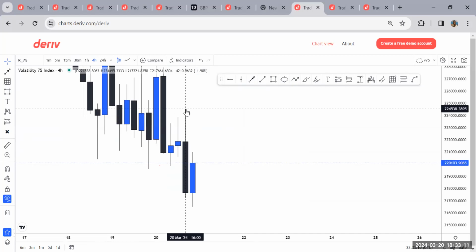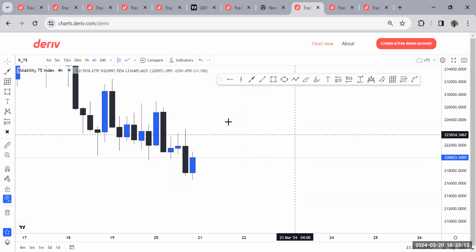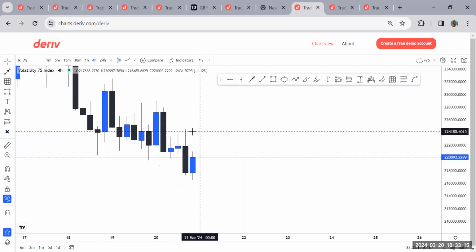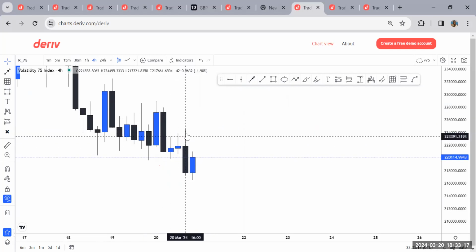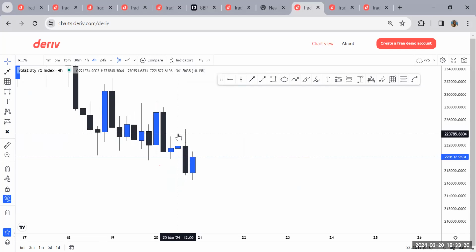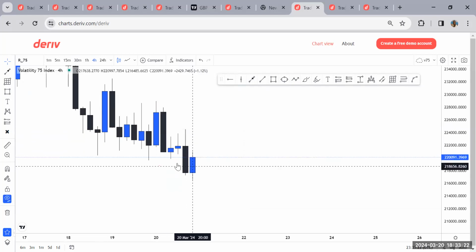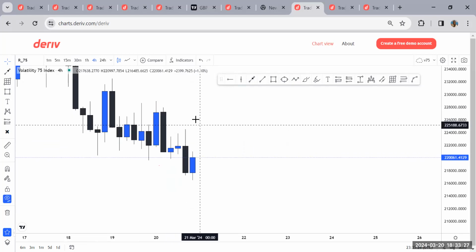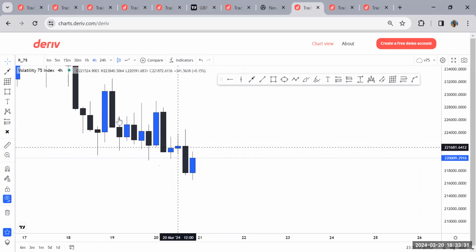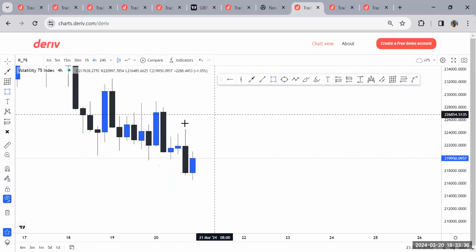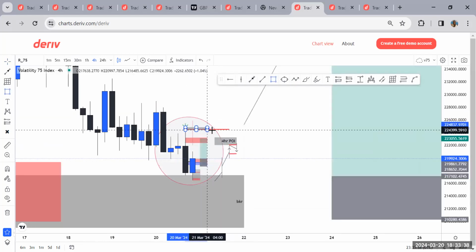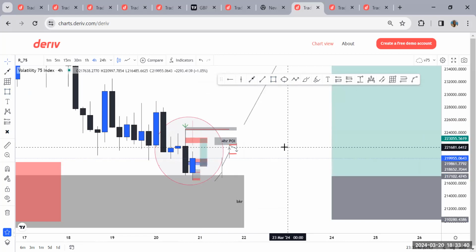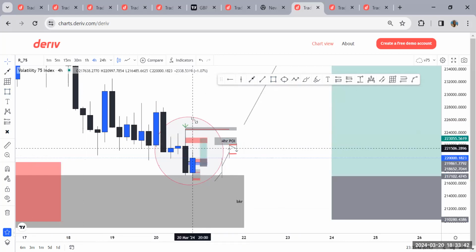But if you close above this, then yes, this is a valid swing point. This candle swept that candle's liquidity before displacing down. When price is able to break it with a candlestick body, then we know that price is more bullish. As of now, 4 hour is still bearish. So we are hoping that price will take this high.